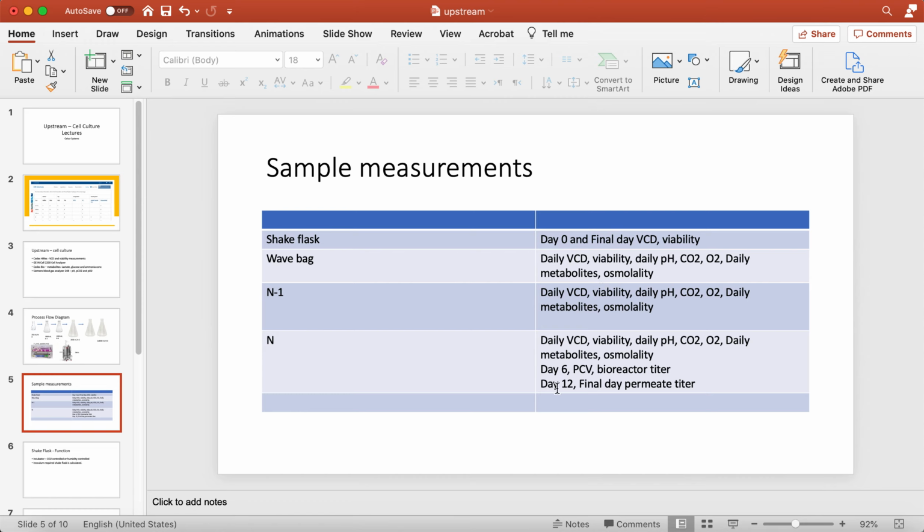For the N reactor, you have to do day 6 PCV, bioreactor titer, and day 12 final day titer.